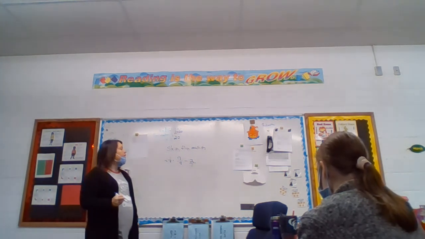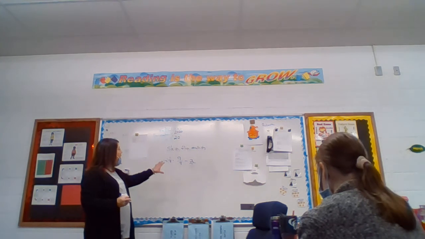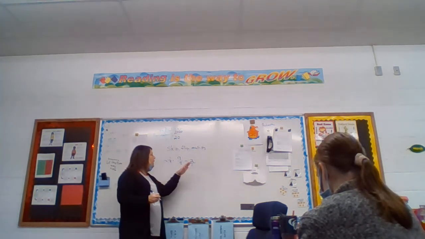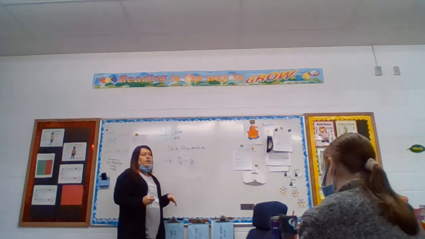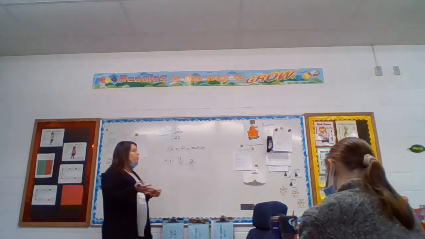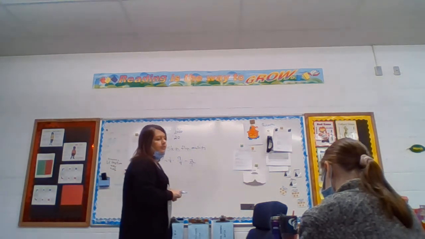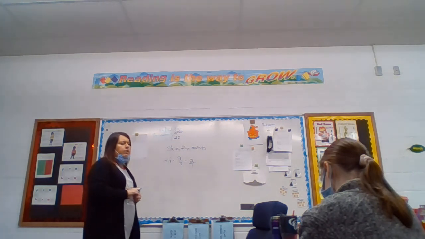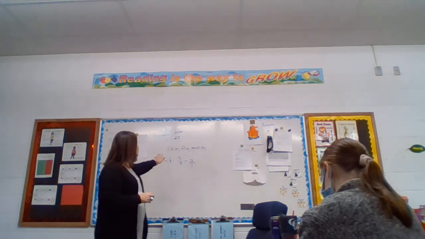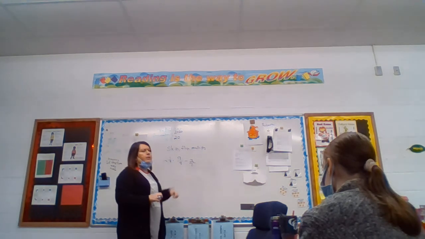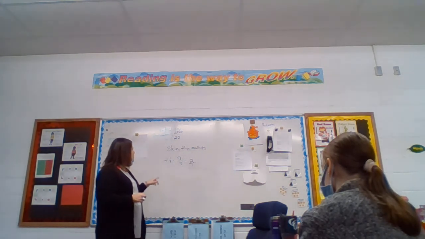Okay? So now we have 9/4 divided by 2/1. So what are our steps to divide this fraction? What are we going to do first? You can look up here because I left the steps up here.